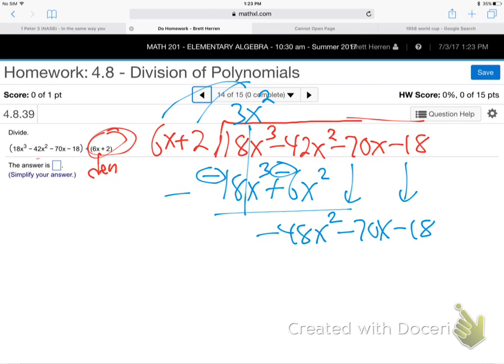All right, next step. Right, good to there? So next step, we compare front to front. So what times the front will exactly match the front?